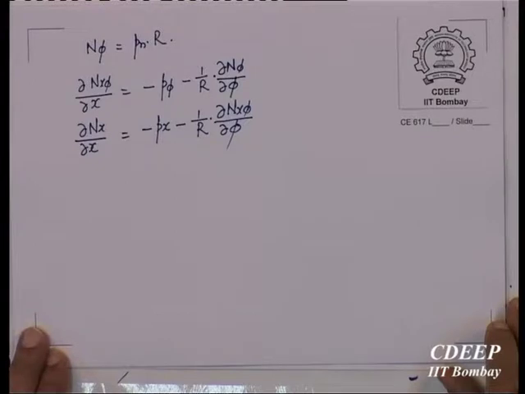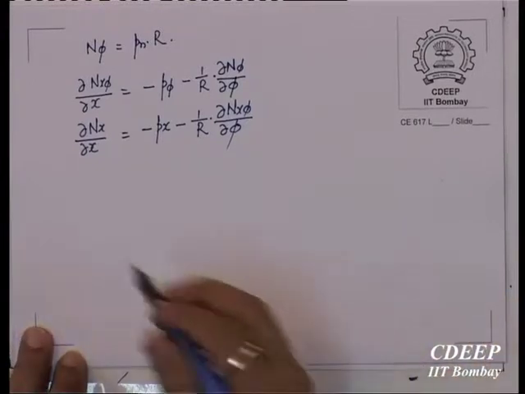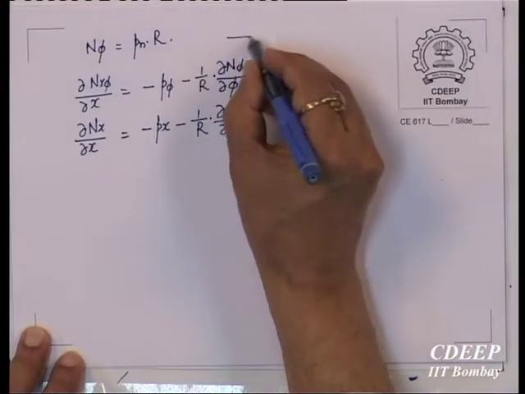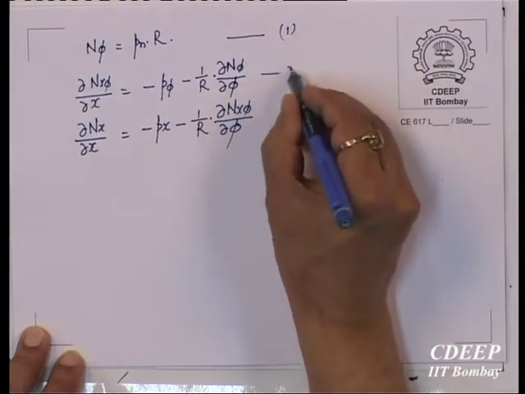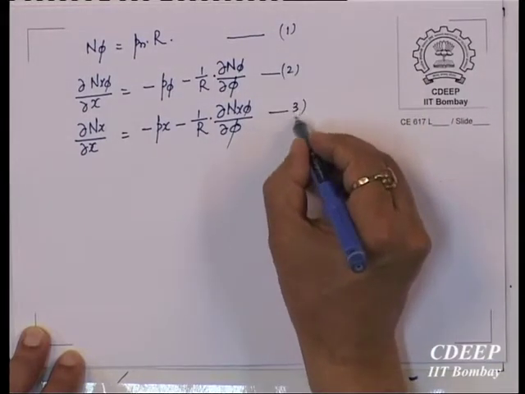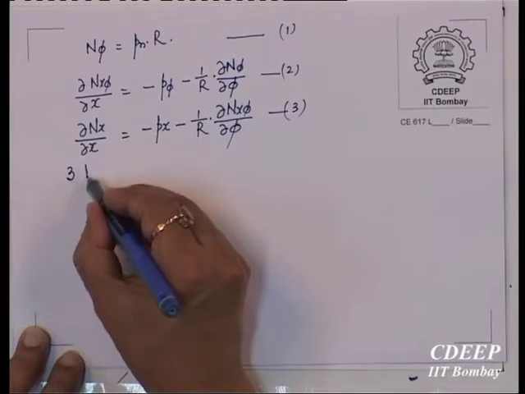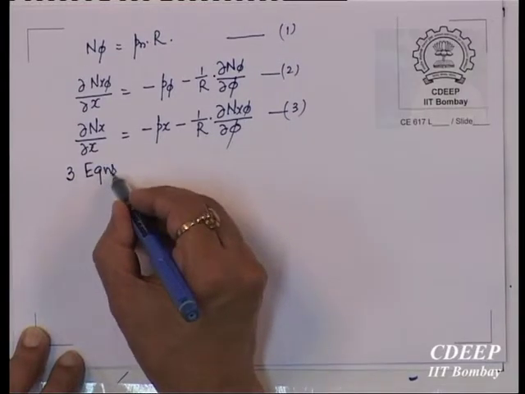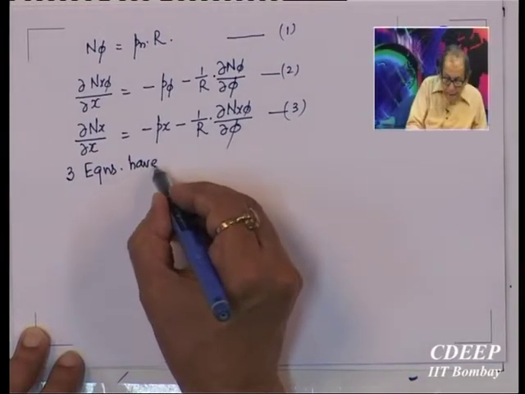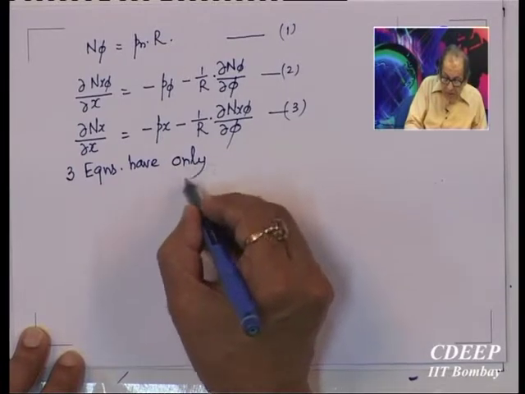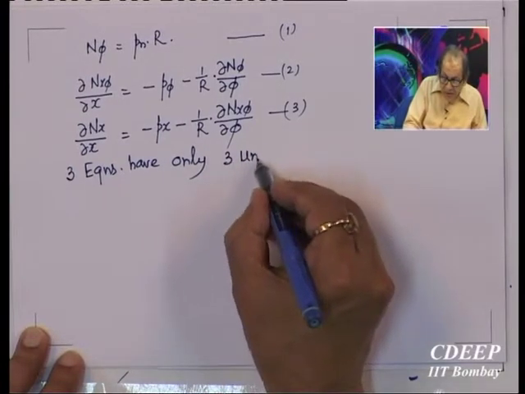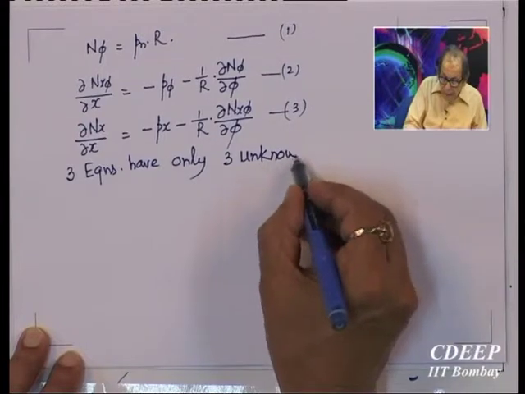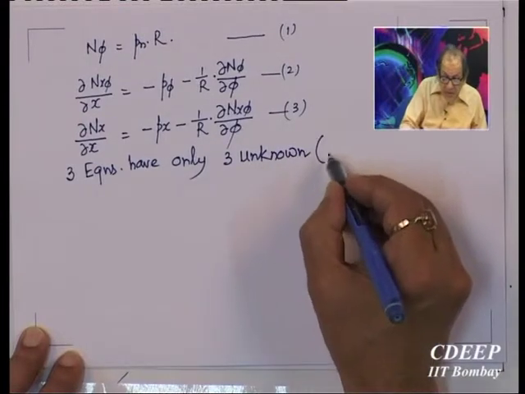Now, you find that there are three equations and only three unknowns. And what are the three unknowns?